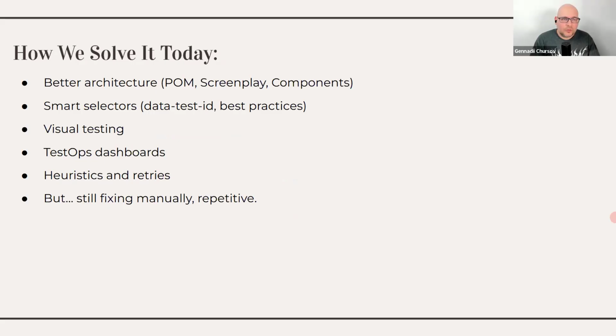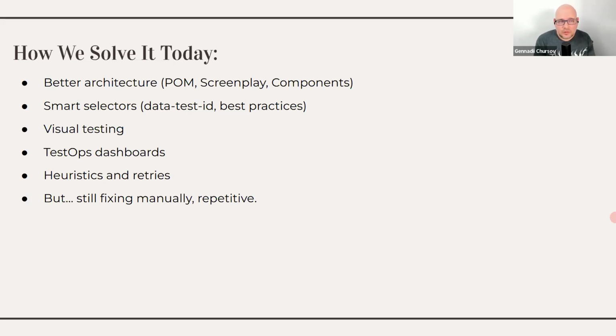How can we solve it today? I already told you, page object model, and some other architecture patterns could be used, like Screenplay. We can use components to split our big page into smaller models. For example, a login model on the page, some main product, and some additional util things that we have on the page.